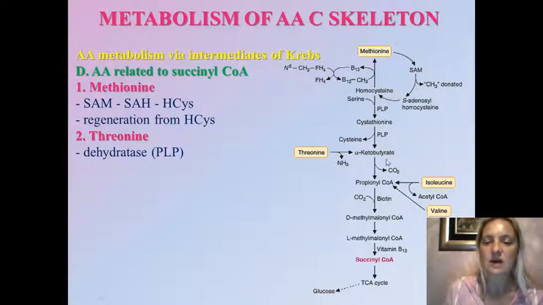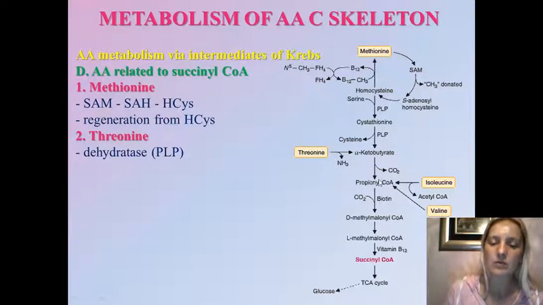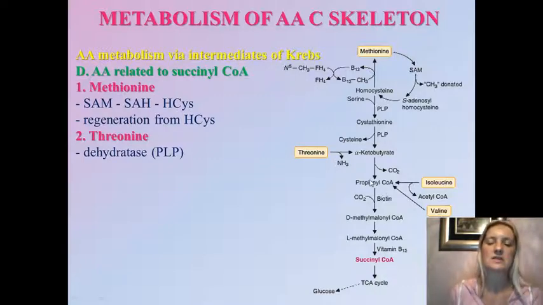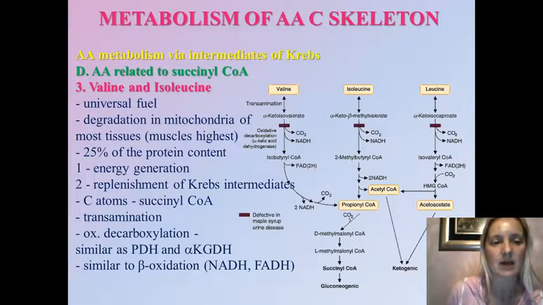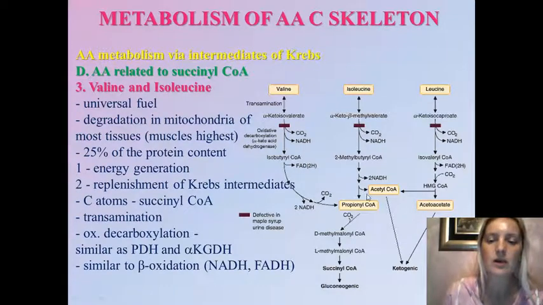So this is the common intermediate, which is decarboxylated to propionyl coenzyme A, and as we have already mentioned, propionyl coenzyme A is converted to succinyl coenzyme A, which enters the Krebs cycle. Also, some other amino acids like isoleucine and valine can also be converted, we will see, to propionyl coenzyme A. So here we are, valine and isoleucine.